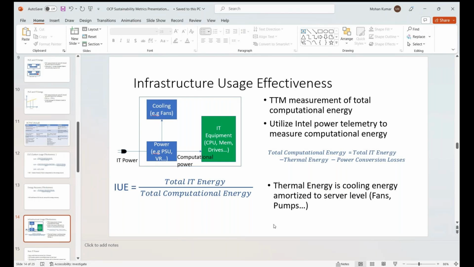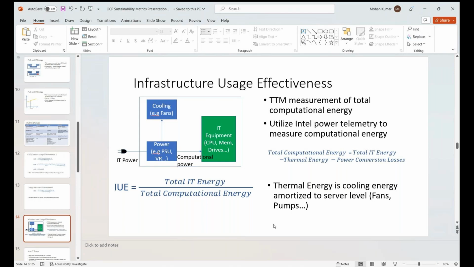So we talked about doing infrastructure usage effectiveness, which was essentially saying, here's the IT power being fed into the server, and then how much of it is actually going to CPU, memory, and drives, right? The presumption there is that in a traditional server architecture, you have cooling losses, and then you have power losses from the PSU itself and all the VRs and DC to DC converters and everything that's in your platform.